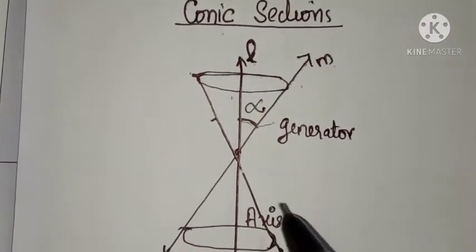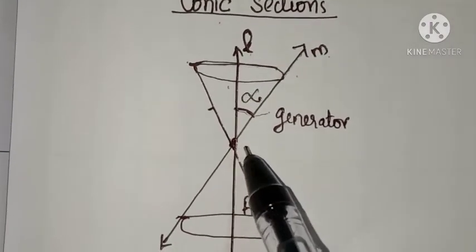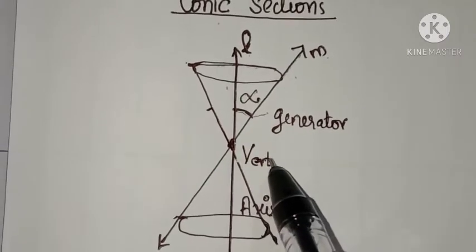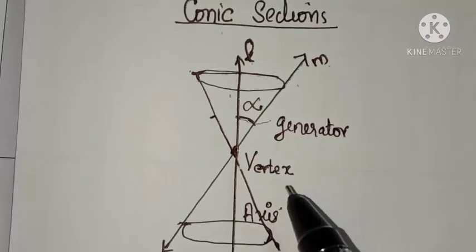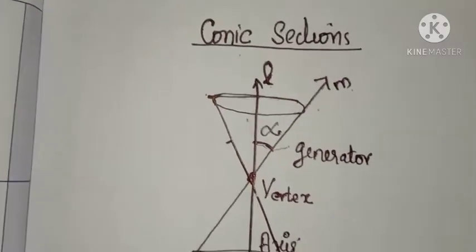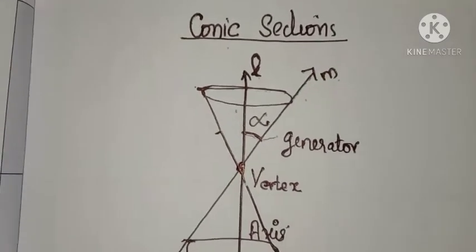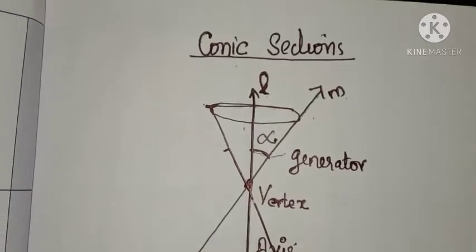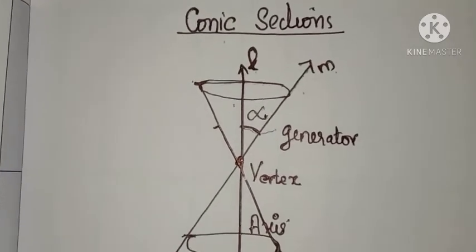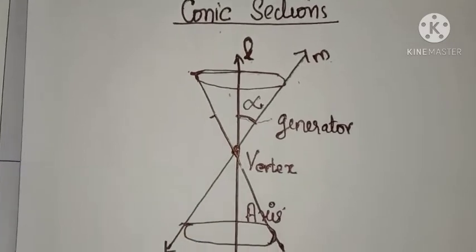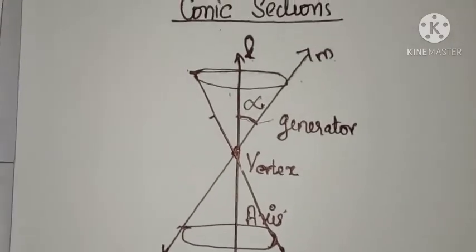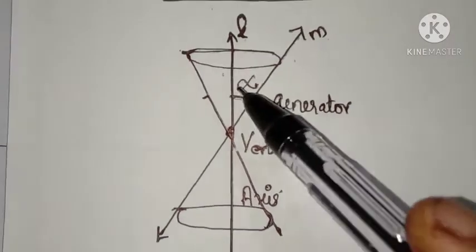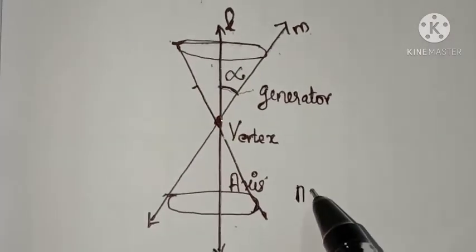Now listen, this point of intersection is denoted by V and is called the vertex. So the line L is the axis of the cone, the rotating line M is called the generator of the cone, and the vertex V separates this cone into two parts, and these two parts are called naps.